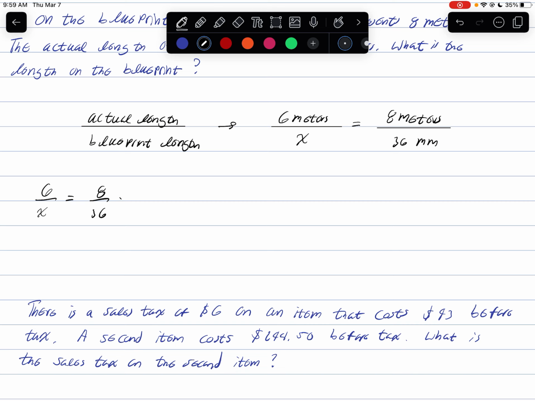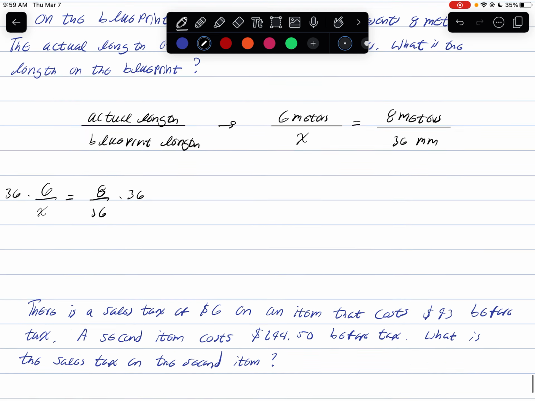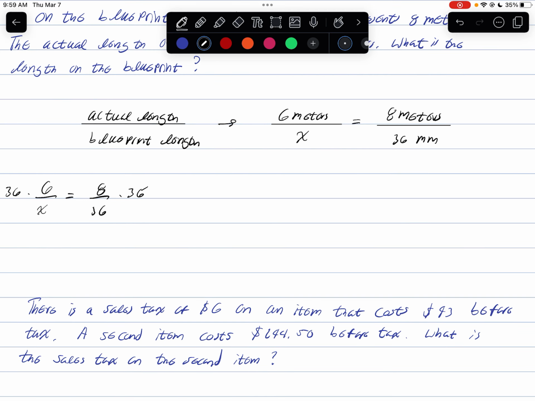Now we're going to multiply both sides of this equation by 36. These will cancel, and we get 36 times 6 over X is equal to 8.